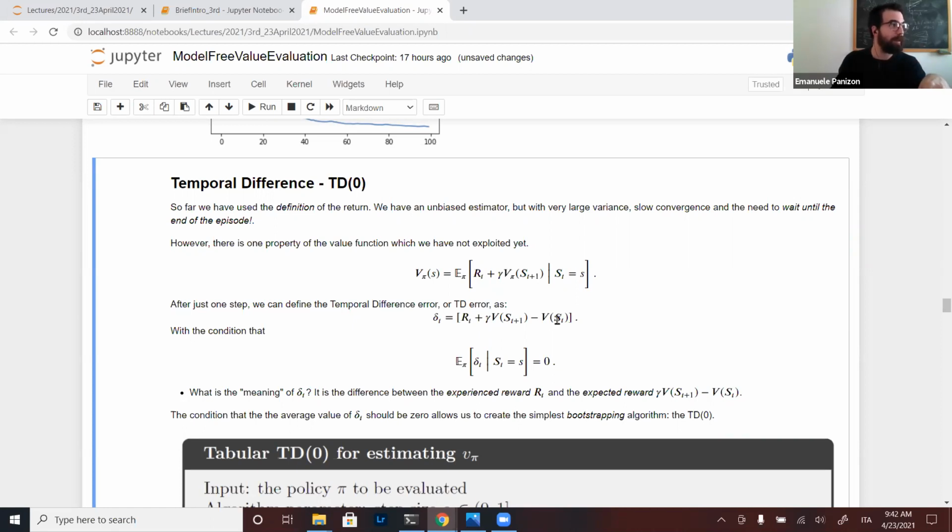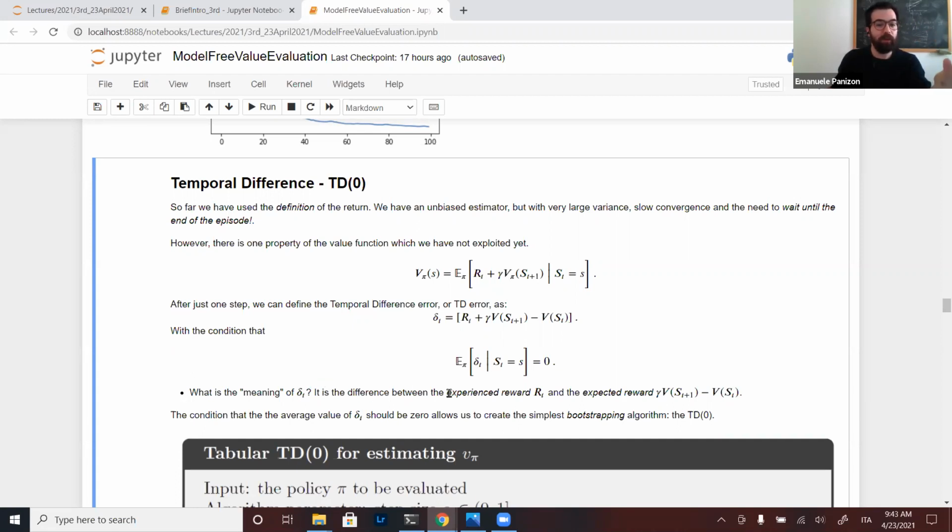Okay. And the reason for that is very simple: this delta should go to 0, because exactly as the value is the expected average of return plus gamma value, if you do return plus gamma value minus value, the expectation is to get 0. And the meaning of delta is actually very simple to understand.